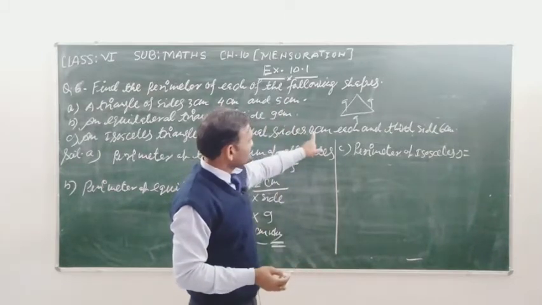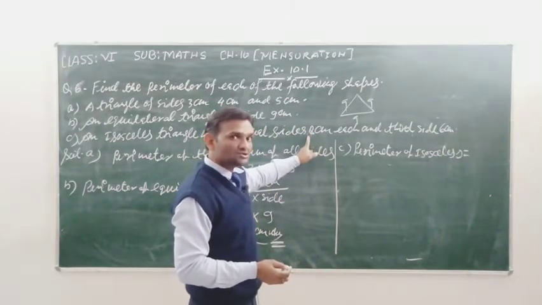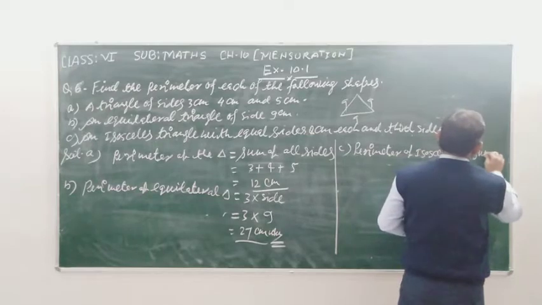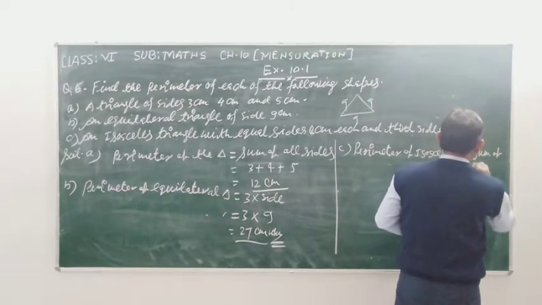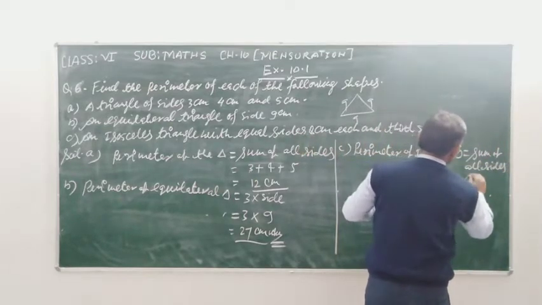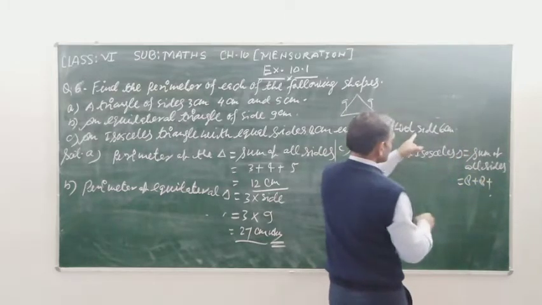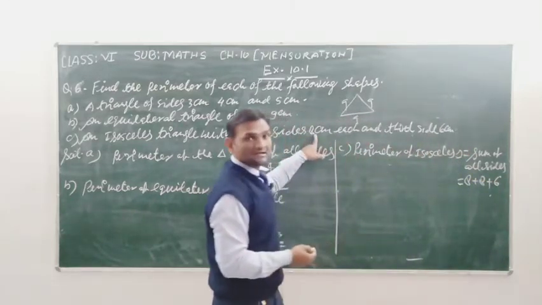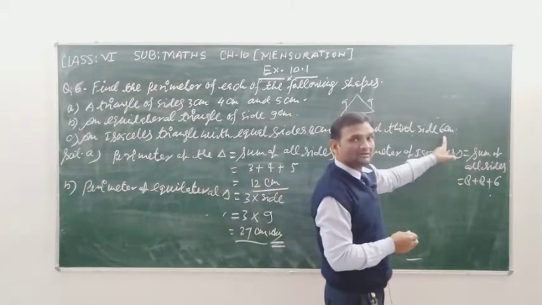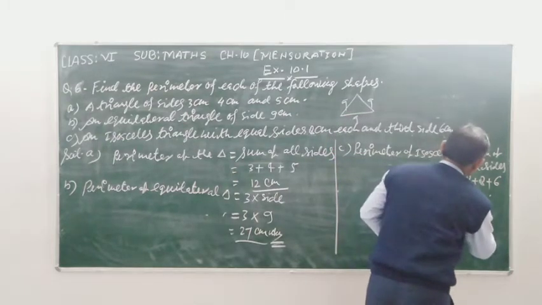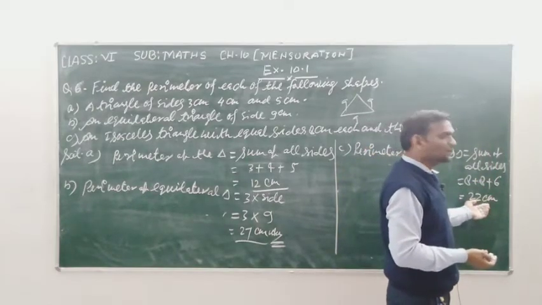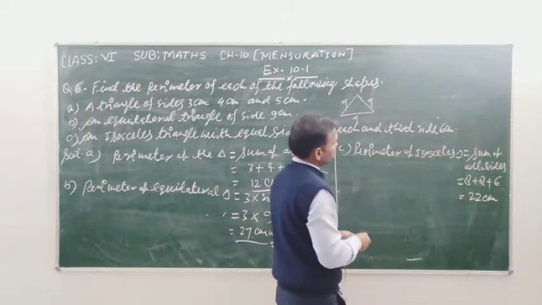One equal side is given as 8 centimeter, so the other equal side will be 8 also, and the third side is 6 centimeter. So sum of all sides: 8 plus 8 plus 6, then we add it, that is 22 centimeter. So this is my answer, student.